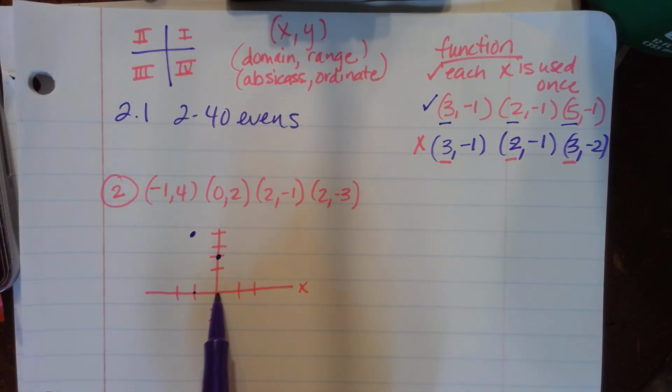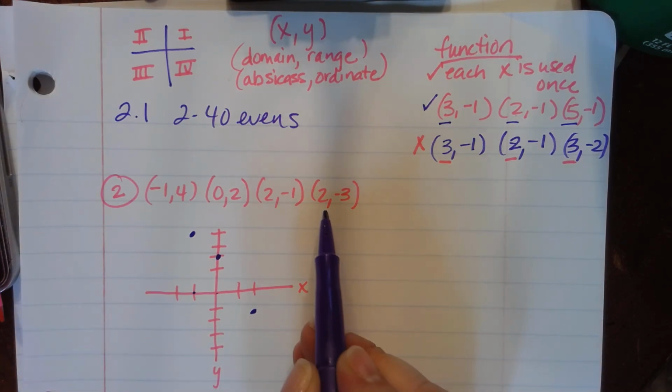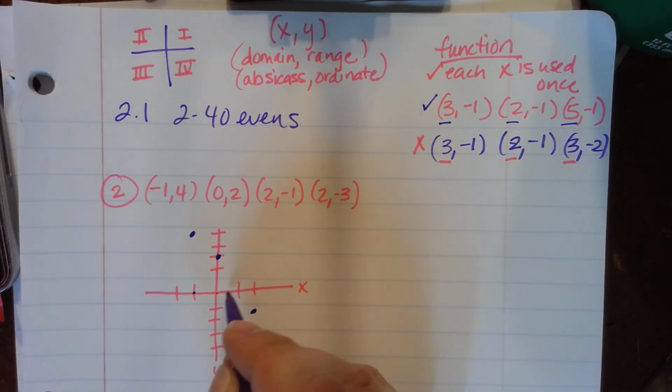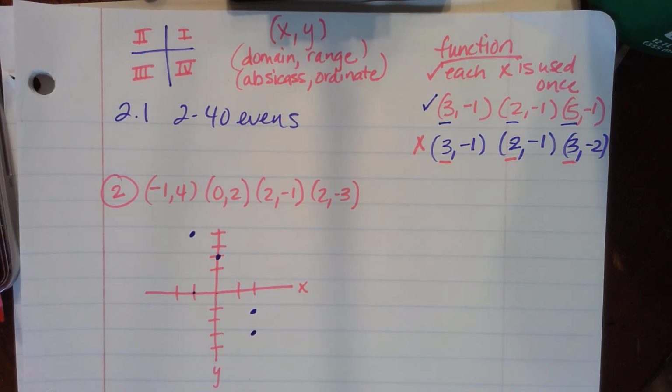So I'm going to go over 2 and then go down to the -1. And then again, I have +2 and I go down to the -3. Okay, so your graph should just look something like this. Now we're not going to try to connect the dots, but we did graph it.